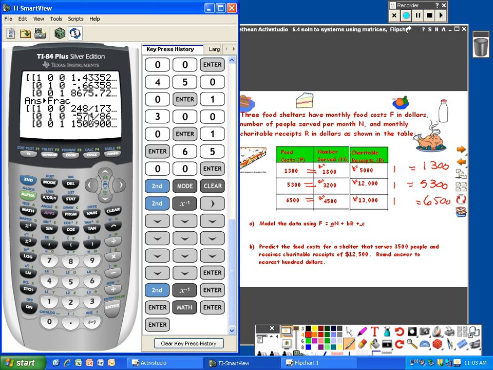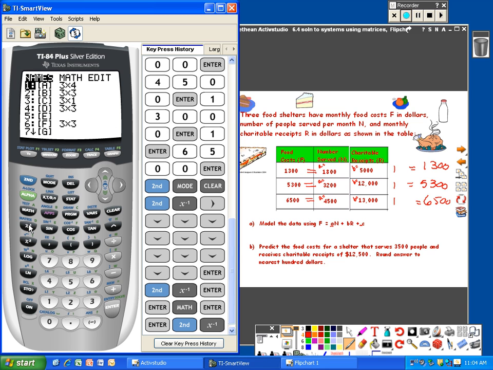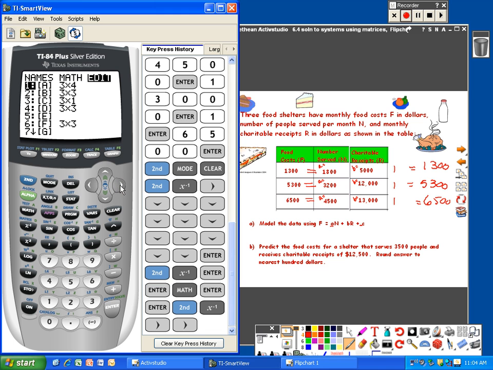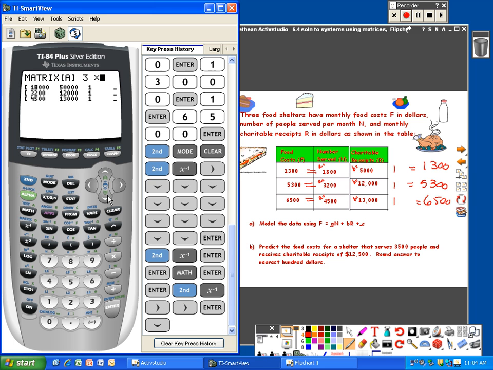Let's check my matrix, because I don't think we should get that. Matrix A. Let's see, edit it. Oh, right here, 18,000 should be 1,800. I always get too many zeros.